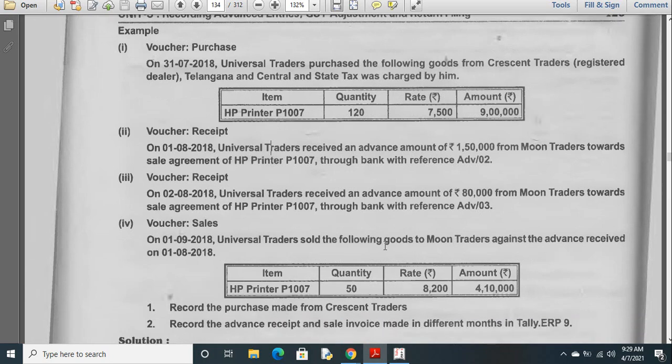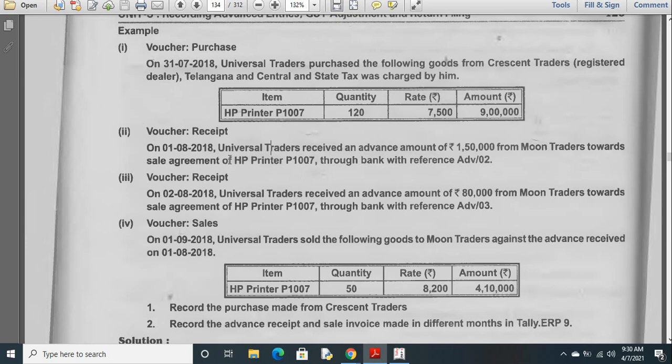Third one is sale of goods. So total he sold 58,200, 4,10,000 will be the sale amount. And here the advance which he has received is 2,30,000. In this 2,30,000, some advance tax amount will be there. So you have to enter the transactions.